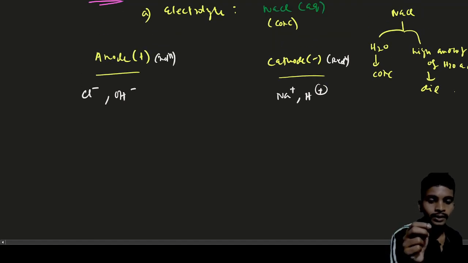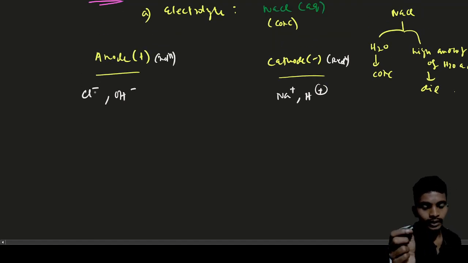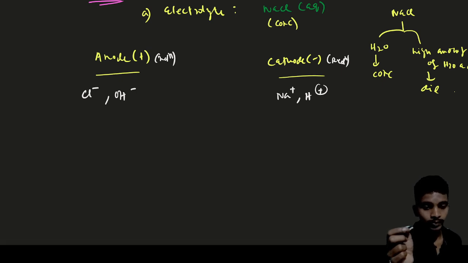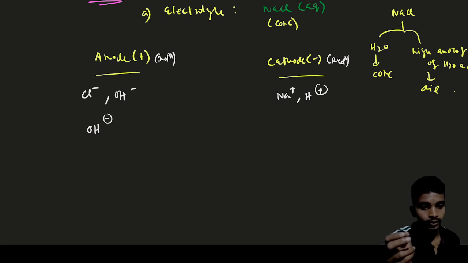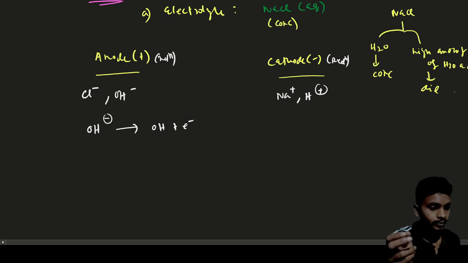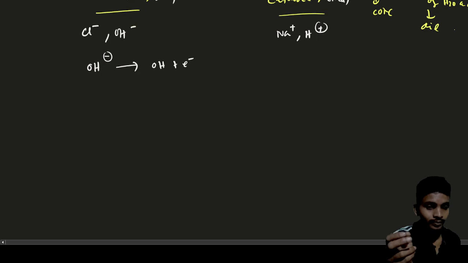So from that, for the anode, OH minus will dominate, because we are looking at the downwards. Oxidation means loss of electrons, so OH minus will lose an electron to give OH. But the thing is that OH does not exist.